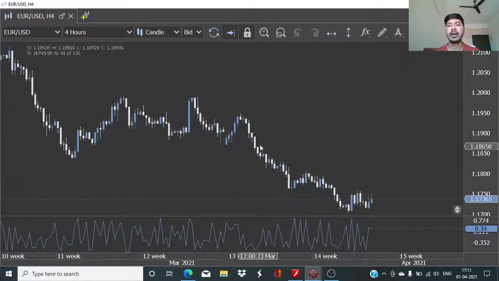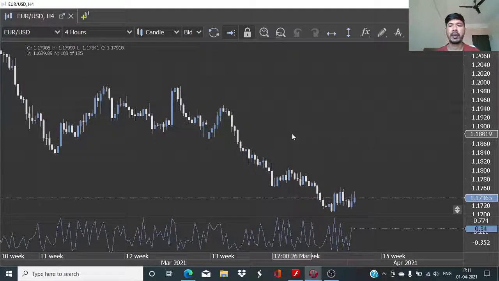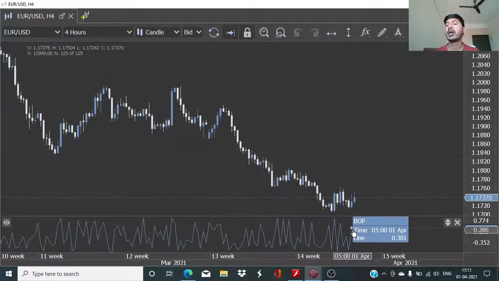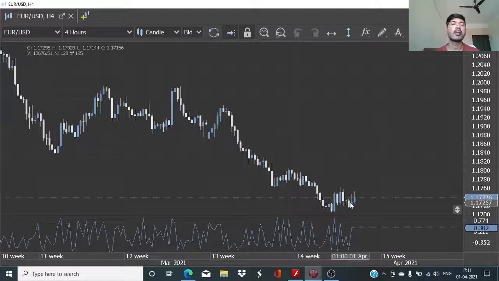So for the buy side momentum to be visible, we need two conditions. First thing is that last 4 hourly candle should be showing the output value above 0. The balance of power output should be above 0, and two candlesticks back, that is 8 hours back, the momentum should have been on the bearish side.